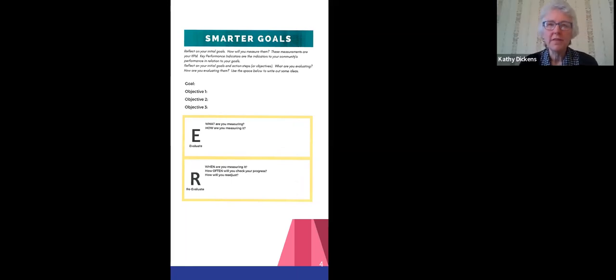I would add one thing though. I have been involved in some grants before where they actually tell you up front, as you apply in the request for proposal, what you're going to measure. One of the instances that comes to mind is SAMHSA grants, substance abuse and mental health grants.